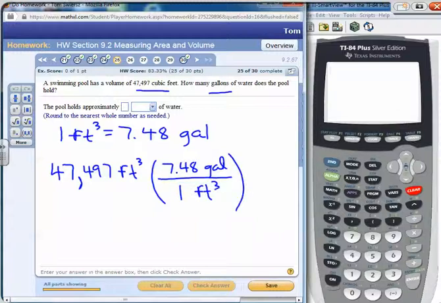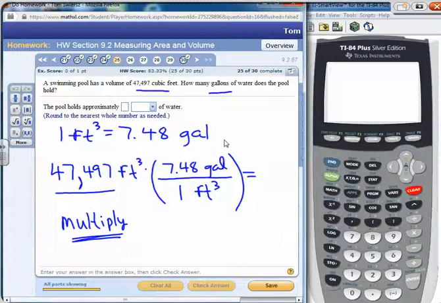Okay, this time the 7.48 is in the numerator, right? The 1's in the denominator. The number that's not 1 is in the numerator. When they're both in the numerator, you multiply to get the conversion. So we're going to take the 47,497 multiplied times 7.48 to get our number of gallons.